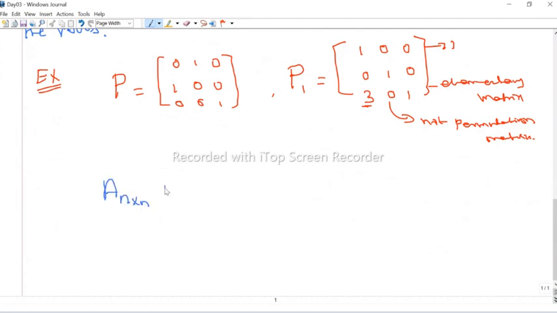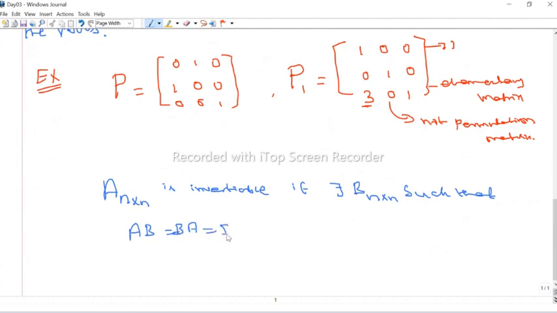It is invertible if we can find another n by n matrix B such that the products AB and BA are both the identity matrix. A times B equals B times A equals identity, then we say B is the inverse of A. So this is the first definition. An n by n matrix is invertible if we can find another n by n matrix B such that AB equals BA equals identity.